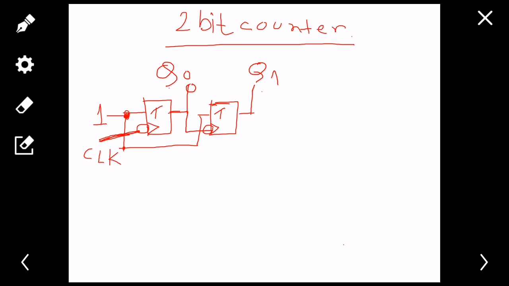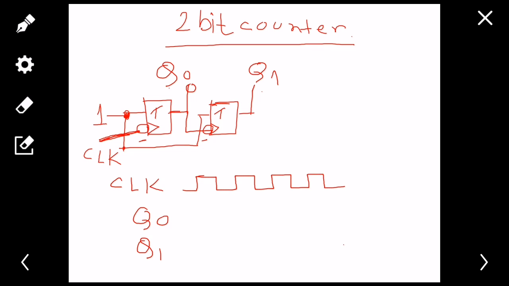So Q0 and Q1 are my two output points. The clock signal is generally something like this, basically a square wave, you all know it by now. I need to draw Q0 and Q1, these are my targets. I have taken all the flip-flops to be negative edge triggered, so I'm drawing the negative edges to draw the output.